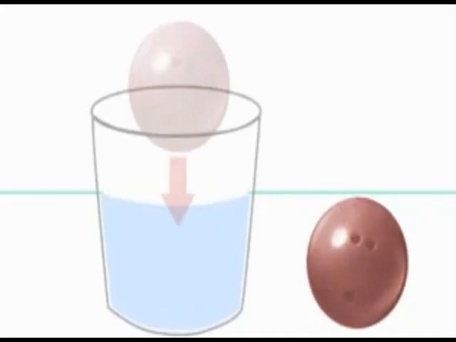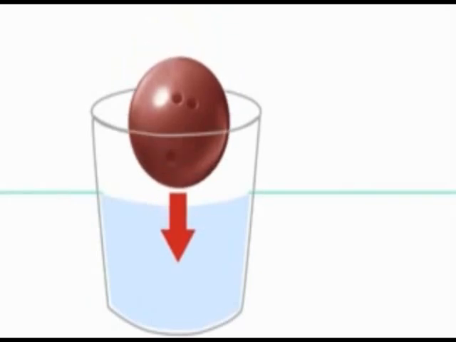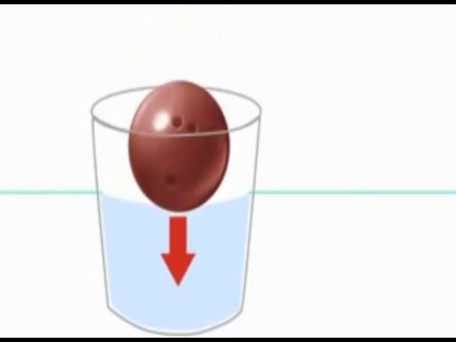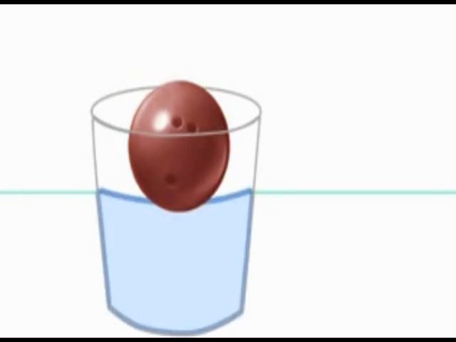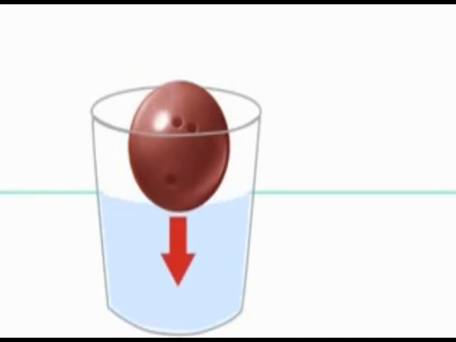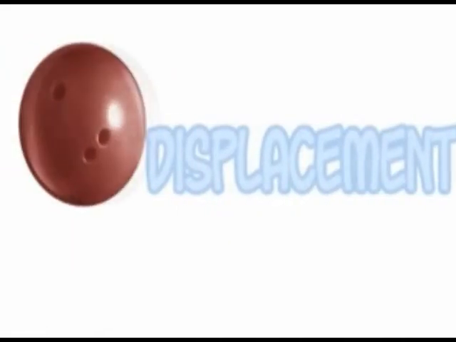Let us put a ball in water. Let's pause. The ball and the water cannot be in the same place at the same time. The water has to move out of the way to make room for the ball. This is displacement, meaning being pushed out of place.